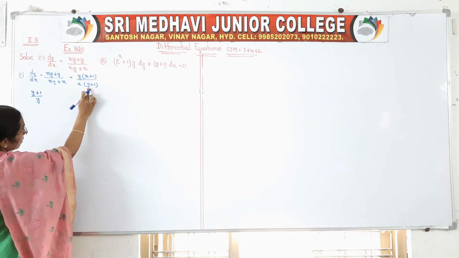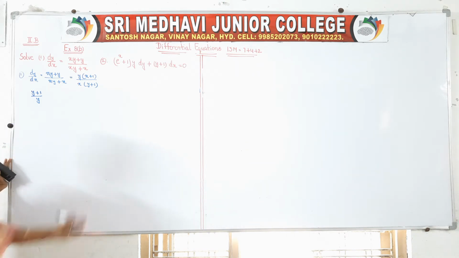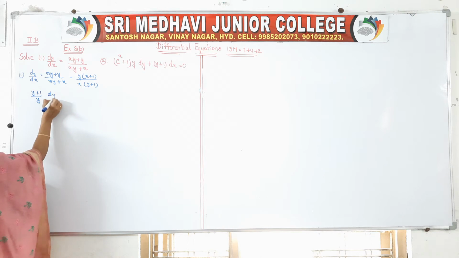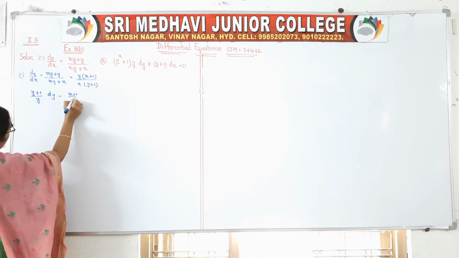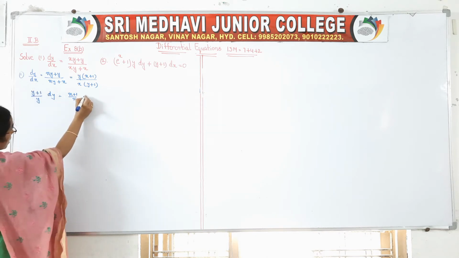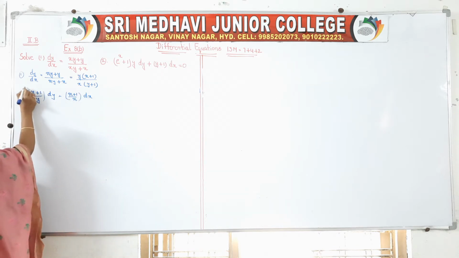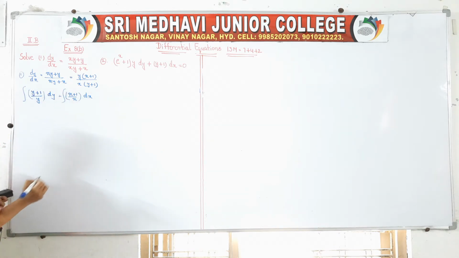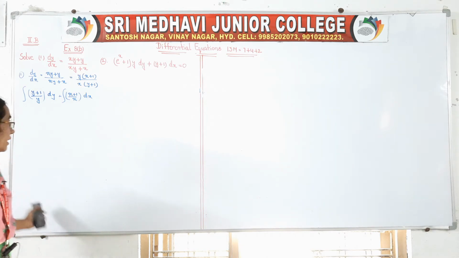This side it is y by (y plus 1). If we send that side, they will be reversed, right. So, (y plus 1) by y dy is equal to, already here (x plus 1) by x terms are there, sending dx downwards, it comes upwards. Okay. So, once the variables are separated, what is the procedure? We have to apply the integral.